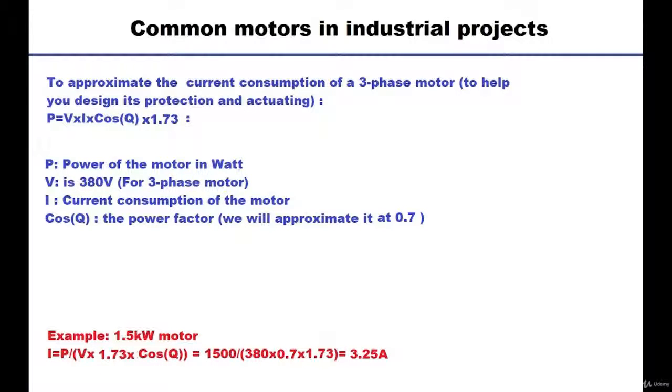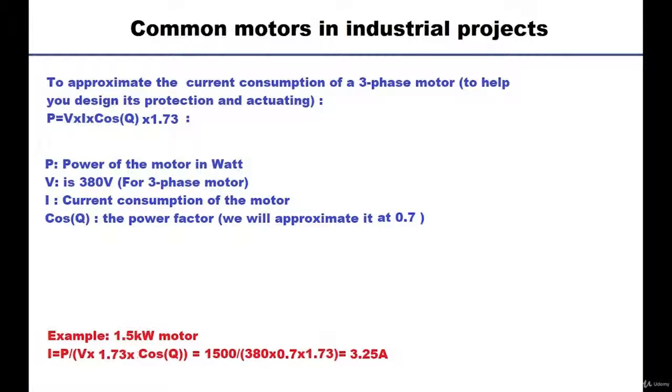So we will rearrange the formula given above to calculate the current. We simply take the power and divide it by the voltage times 1.73 times the power factor, which is cosine theta. Our power is 1.5 kilowatts, which is 1,500 watts, over our voltage, which is 380 volts here, and we have the power factor of 0.7, and we multiply it by the 1.73 to get 3.25 amperes.